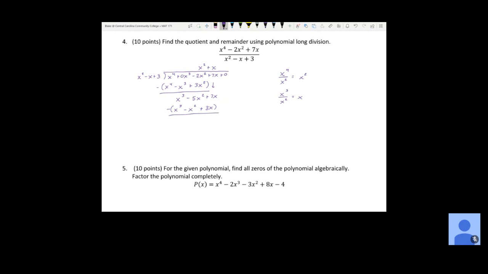Our x cubes cancel out. Then we have negative 5x squared minus negative x squared. What does that give us? That's a negative 4x squared. Good. And then 7x minus 3x is going to give us what?